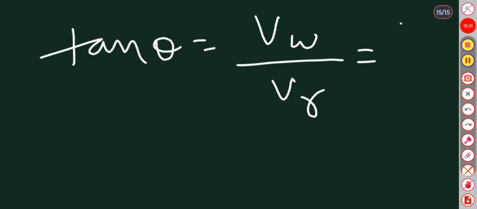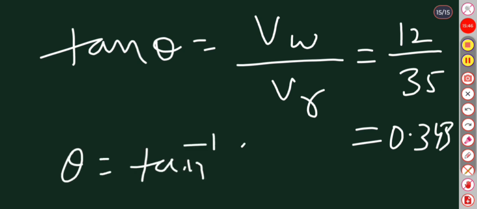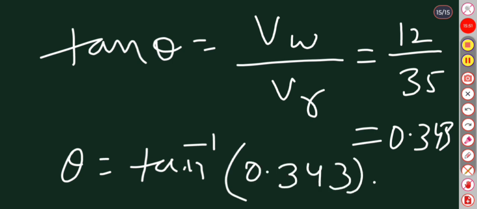This is 12 upon 35, which is 0.343. So theta is equal to tan inverse of 0.343, which is about 19 degrees.